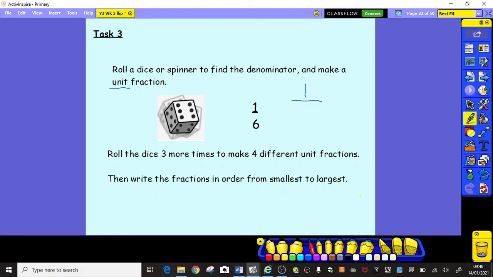So we'd roll a 6 and our fraction would be 1/6. And then I want you to roll the dice 3 more times so that you've got 4 different unit fractions in total, and then write them in order from smallest to largest.